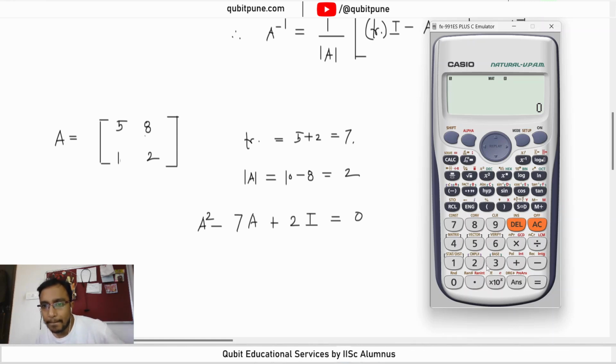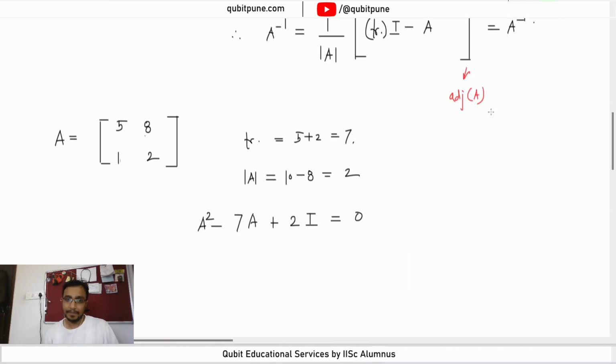Shift 4, 3, Mat A squared minus 7 into Shift Mat 3. What am I expecting on the right side? Negative 2 I: negative 2, 0, 0, negative 2. Okay, so the Cayley-Hamilton theorem is verified, and it's a useful thing to know.